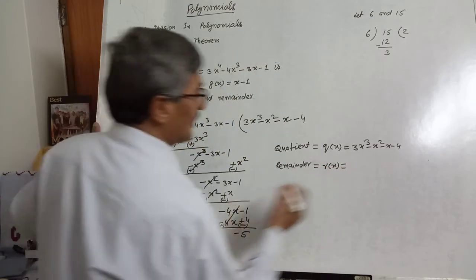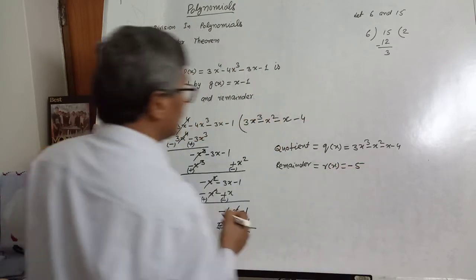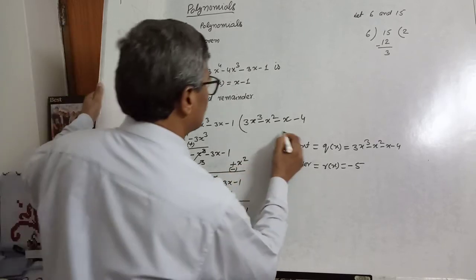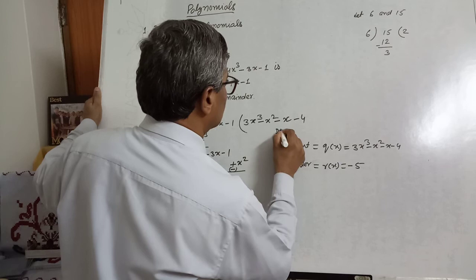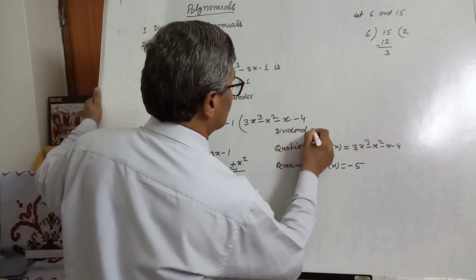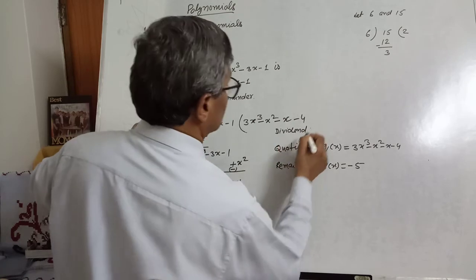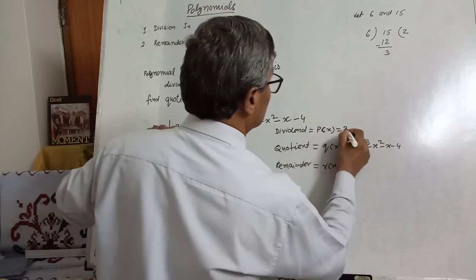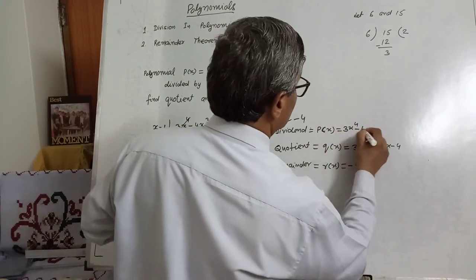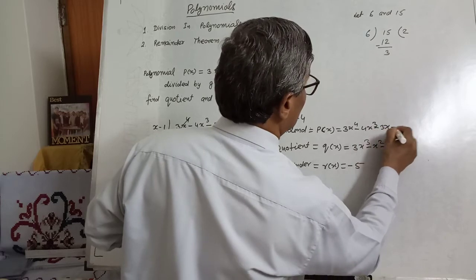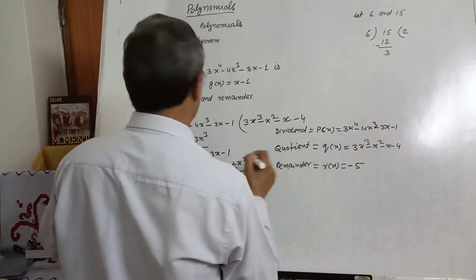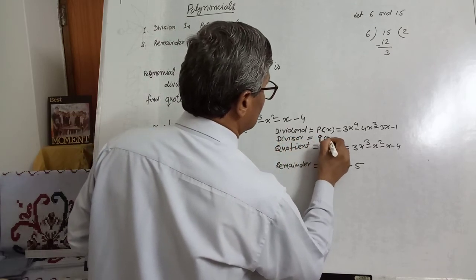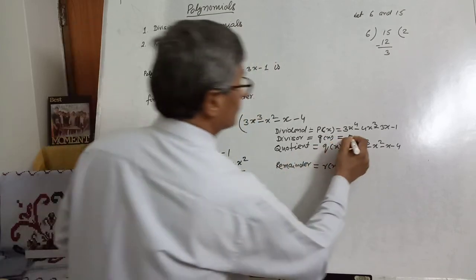Remainder can be written as rx, and this is minus 5. And this is the dividend and this is the divisor. Dividend px is equal to 3x power 4 minus 4x cube minus 3x minus 1, and the divisor is gx, x minus 1.